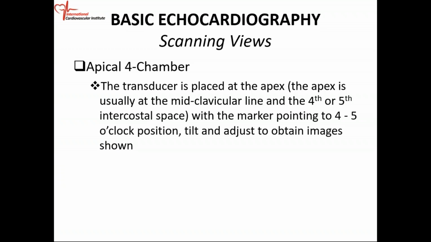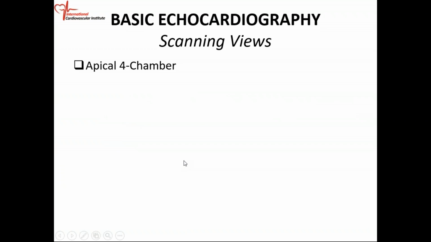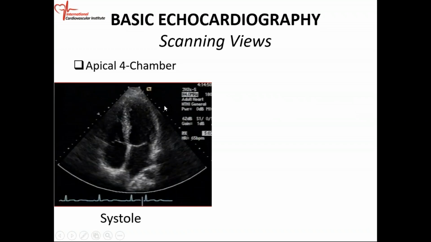You're going to tilt it and adjust it, and you're going to try and get these images. So to get the apical 4-chamber view, which looks like this, the probe is positioned in the 4th or 5th intercostal space at the mid clavicular line or at the apex.